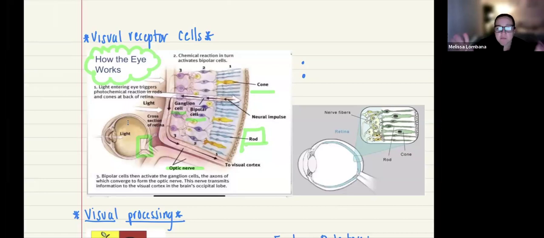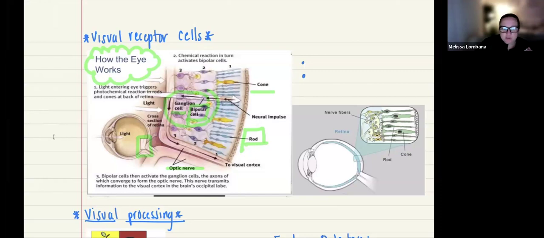These are the ones we have the most of, about 120 million rods, so that we can see a little bit better at night. They also share bipolar cells with other rods, and those are the ones that do the transduction and send it to the optic nerve and then the brain.